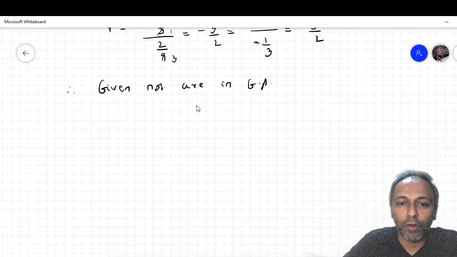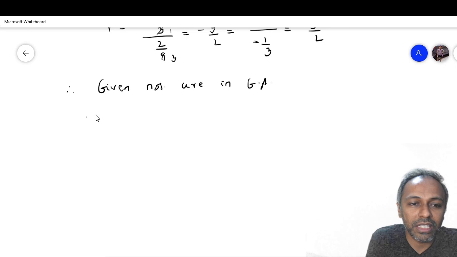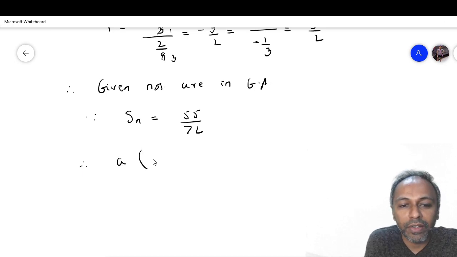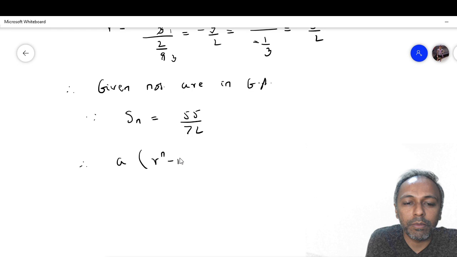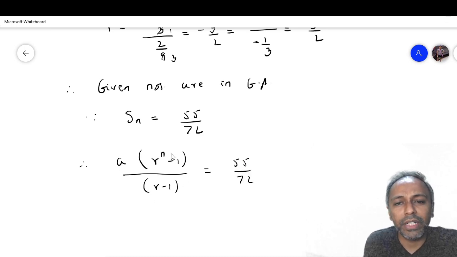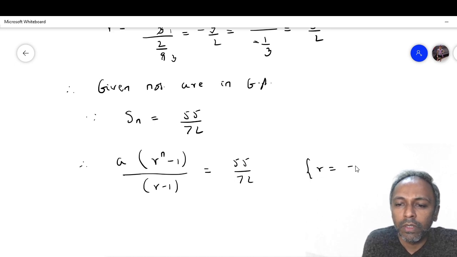Now write the Sn formula. Since Sn is given to us as 55 upon 72, the Sn formula is a into r raised to n minus 1 upon r minus 1, equal to 55 upon 72. Here we can even write the other way around, as r was minus 3 upon 2.